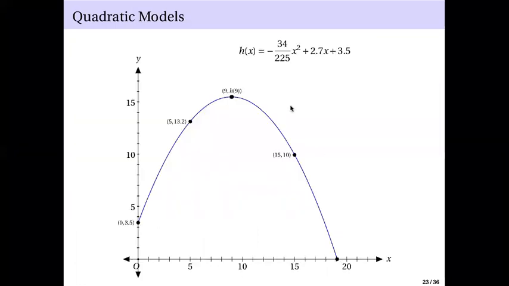And the graph will be here. So you have here 0, 3.5. In here you have 5, 13.2. In here you have 9, h of 9. I wrote it before. And in here you have your 15, 10.